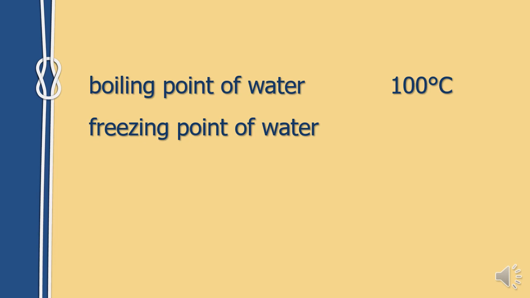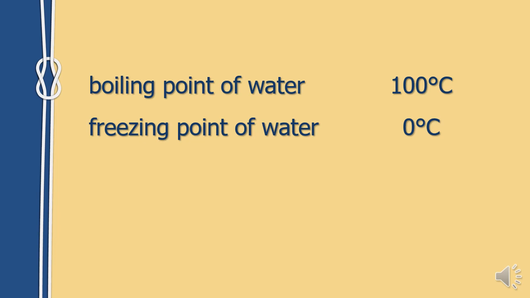How about the freezing point of water? Anyone remember at what temperature water freezes? Another easy one, 0 degrees Celsius. So the metric system is really easy to remember when it comes to the boiling point and the freezing point of water. It freezes at 0, it boils at 100.